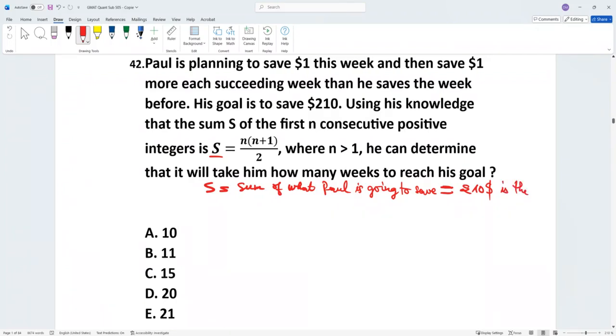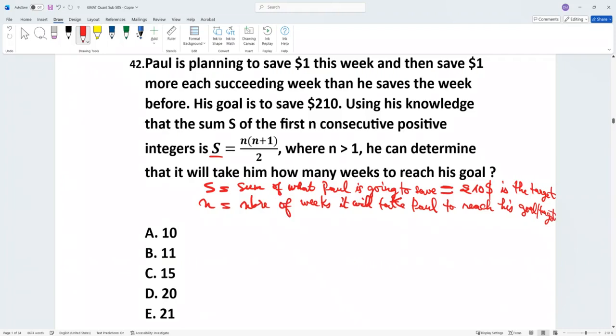So this is the target, so we can work with this value of S. And then n, in this formula here, n is actually the number of weeks it will take Paul to reach his goal or target of $210.